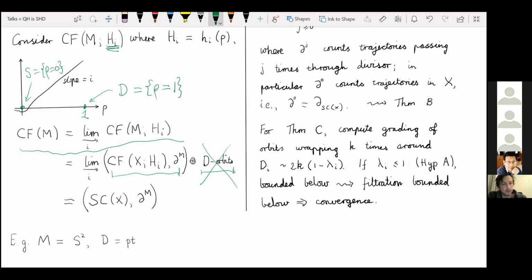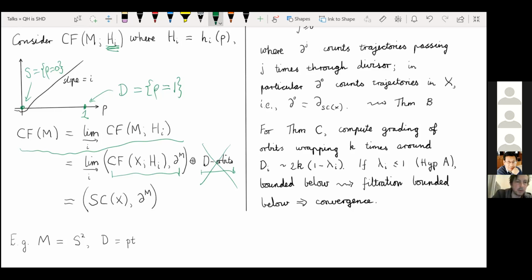You can take a quotient by a cyclic subcomplex, although it ends up being a subquotient that you need to take, but okay, it's fine.